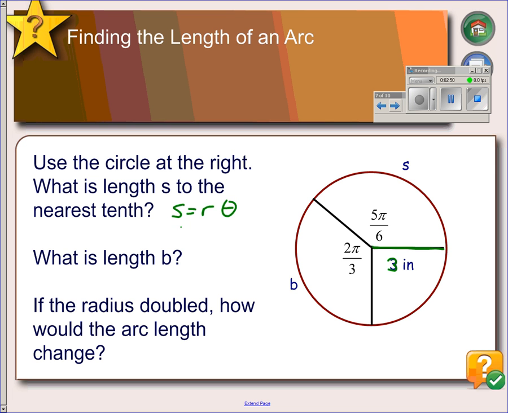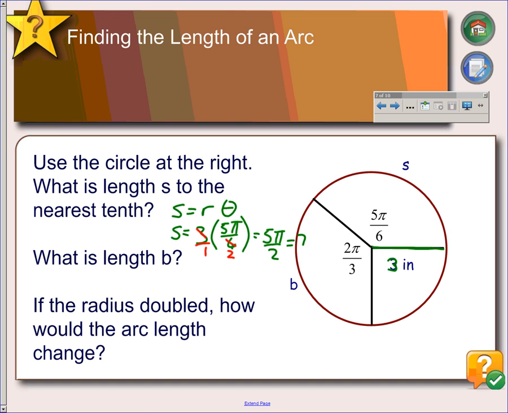So S is equal to 3 times theta, which is the arc, 5 pi/6. So if we use our fraction knowledge, 3 goes into 6 2 times. So we get an arc length of 5 pi/2. You could put this in your calculator and get a value of 7.85.